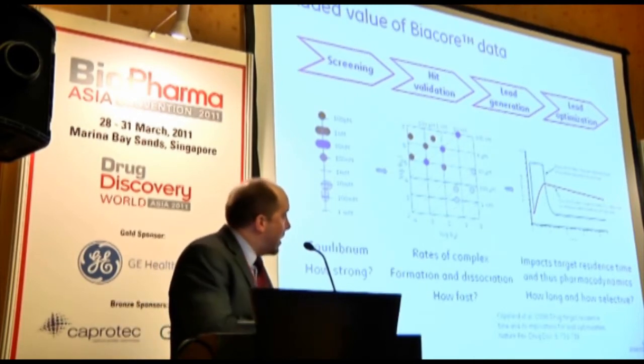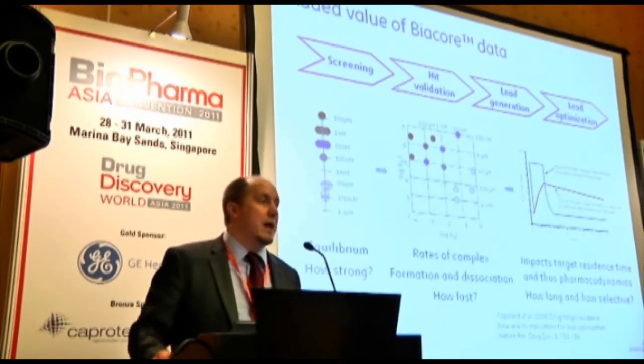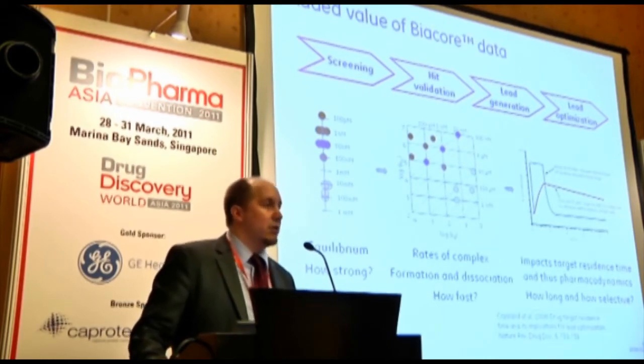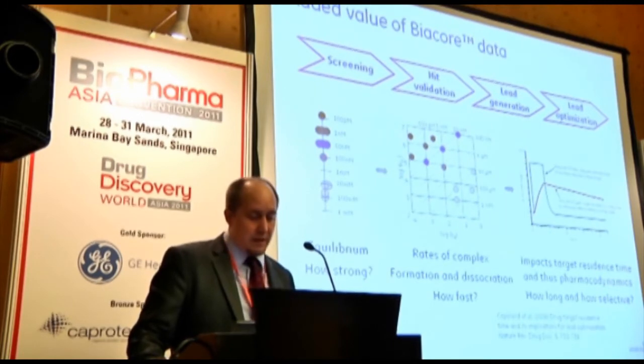On the other hand, if you have a slow dissociation rate and a long residence time of your drug, you may need just one or two administrations to get the same kind of effect. And that can be desired from various perspectives, not only the convenience for the patient.